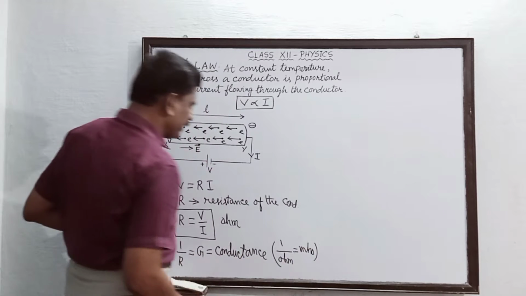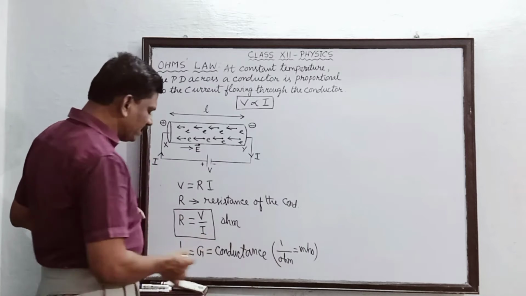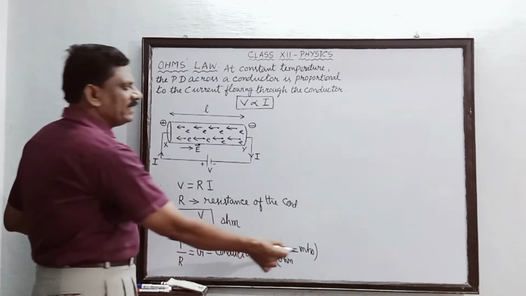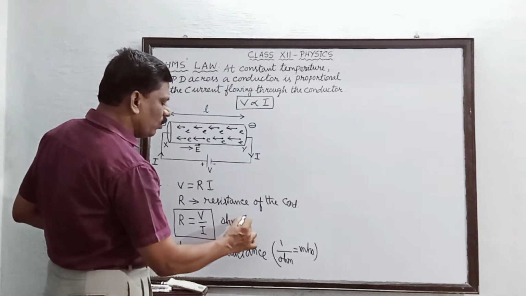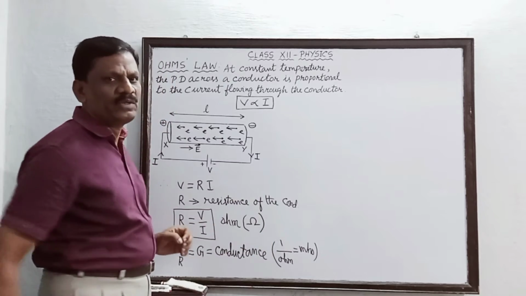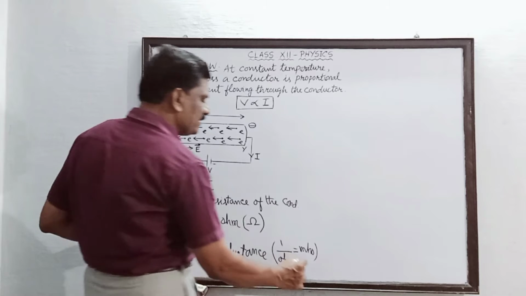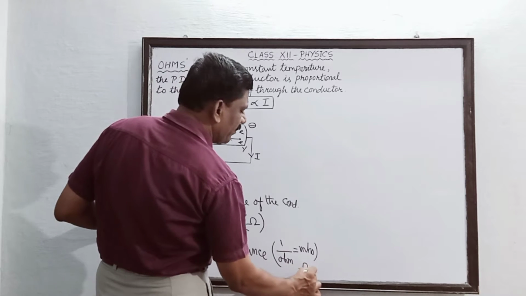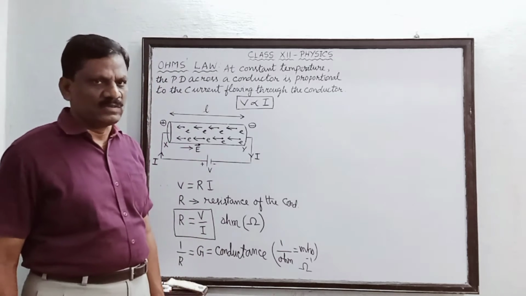Because the unit of resistance is ohm, the reciprocal of ohm must be the unit for the conductance, and that is denoted as mho. And again, ohm is having a symbol like a hat. So this is the symbol used to express the unit of ohm, and hence this mho must be ohm power minus 1. Mho is nothing but ohm power minus 1.